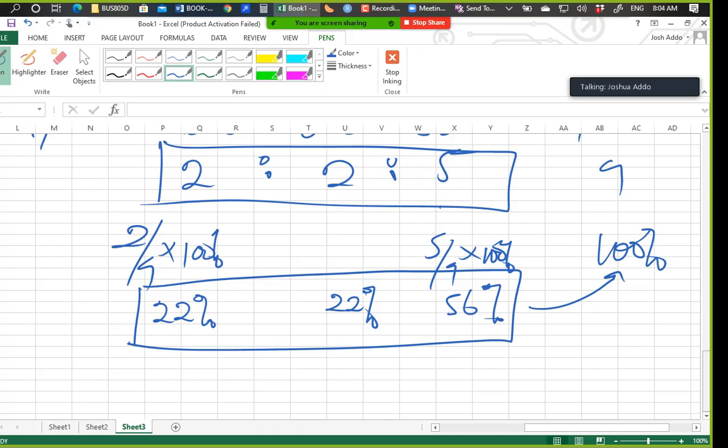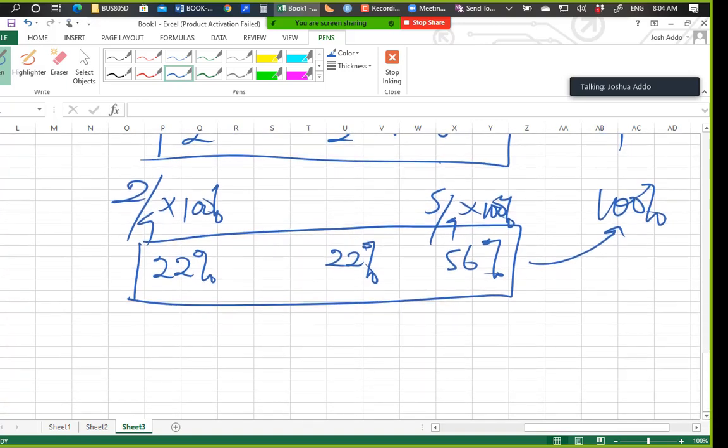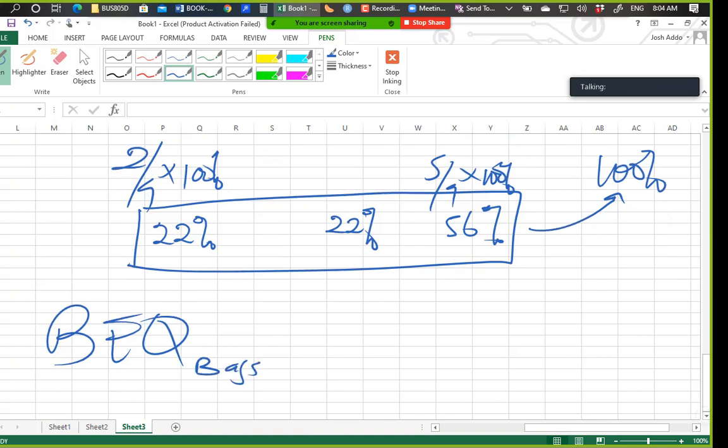Now, with this ratio, we should go ahead and calculate our break-even. So for the break-even calculation, we can calculate the break-even bags. So if I say break-even quantity in bags, the normal formula for the single product is total fixed cost divided by unit contribution.